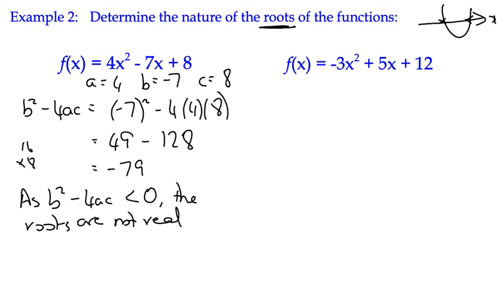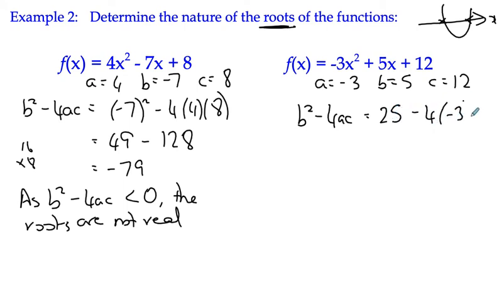Good. And the last one here, if you want to pause the video, you could try it yourself because I'm about to go over the solution. a is negative 3, b is 5, c is 12, so b squared minus 4ac is equal to 5 squared, I'm just going to write down 25, minus 4 times negative 3 times 12.